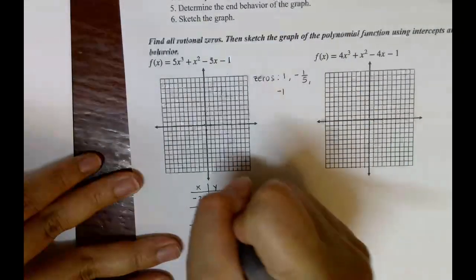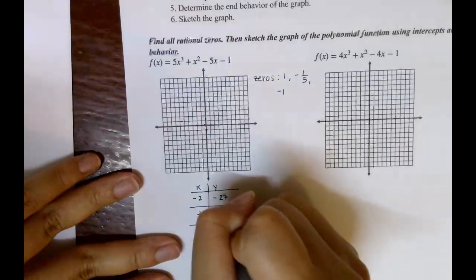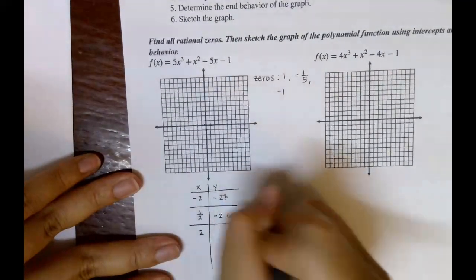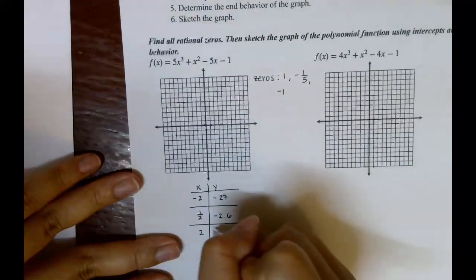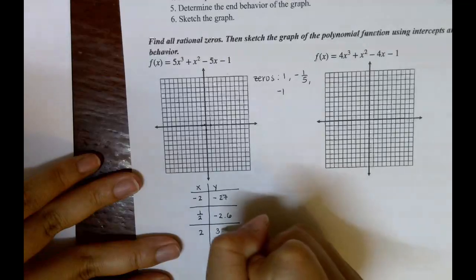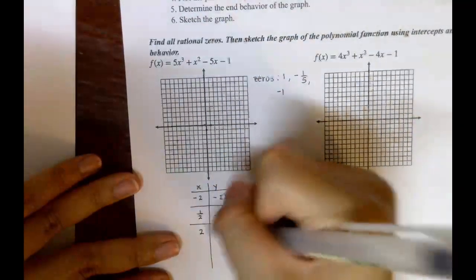That gives me negative 27 for this. Negative 2.6, I think, for that one. And 33. Okay, so then both of these don't fit.